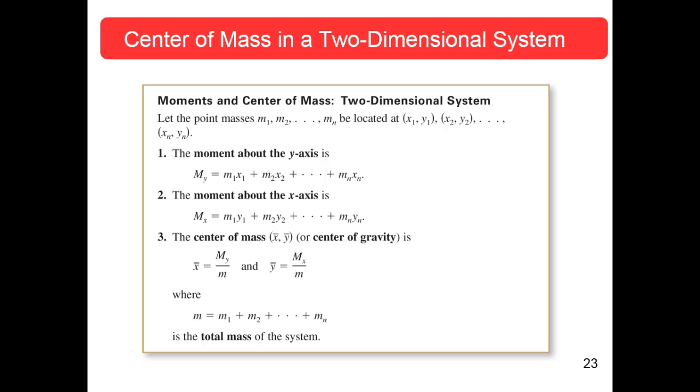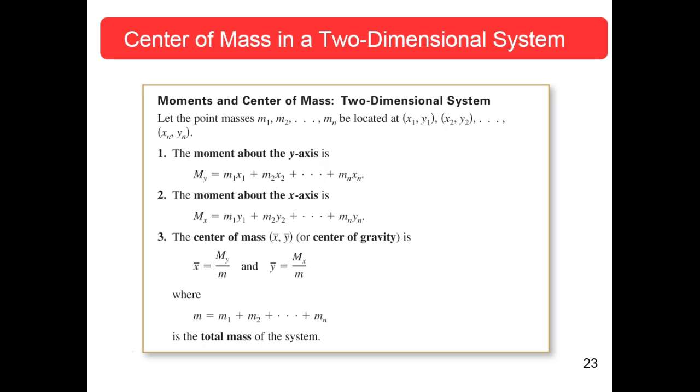About the x-axis it is m1 y1 plus m2 y2 and so on. Add those together to get the total mass m. The center of mass, your x bar, is m sub y divided by m, and your y bar is your moment with respect to the x-axis, the sum of the products of your m's with your y's, divided by m.